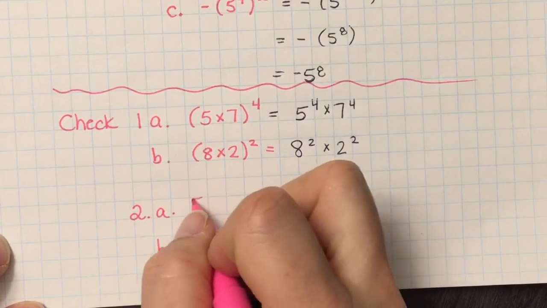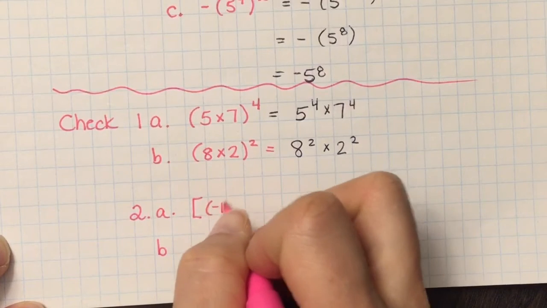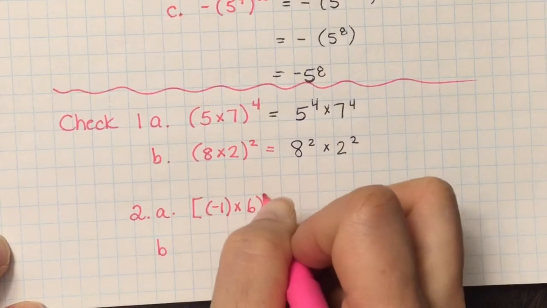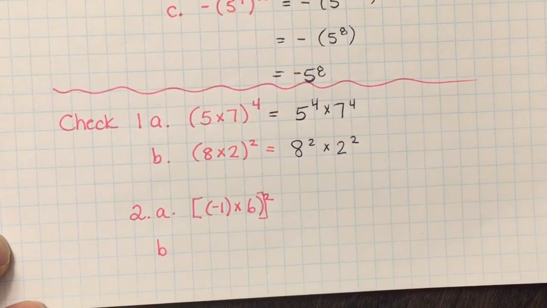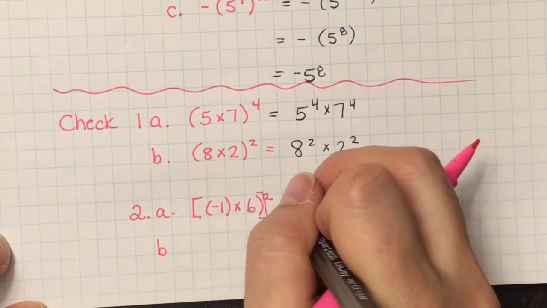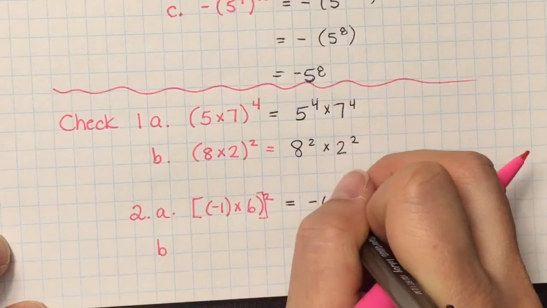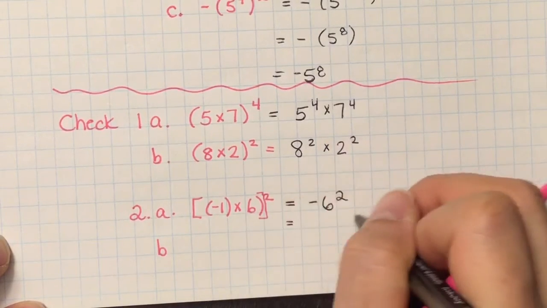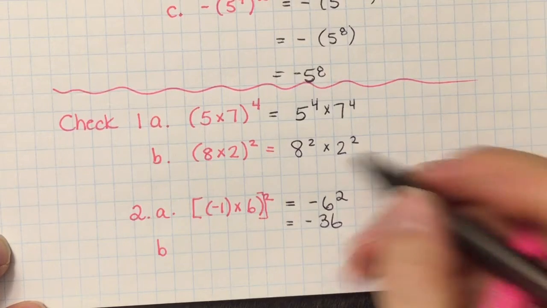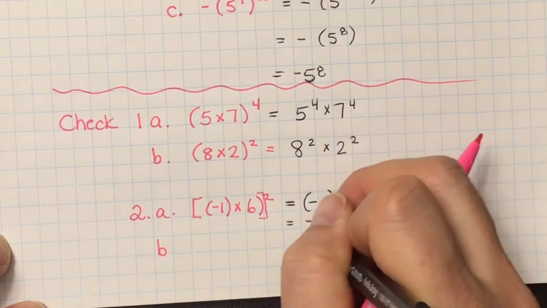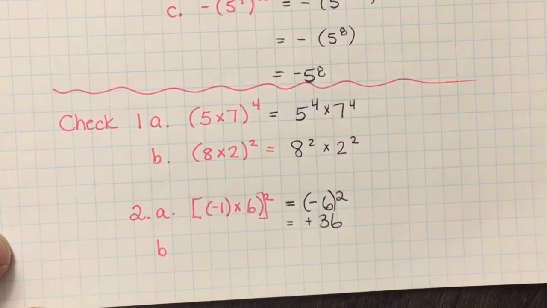So the first one says -1 times 6 all squared. What do you get for that? Oh, sorry. This is all in brackets, so then that makes it positive 36.